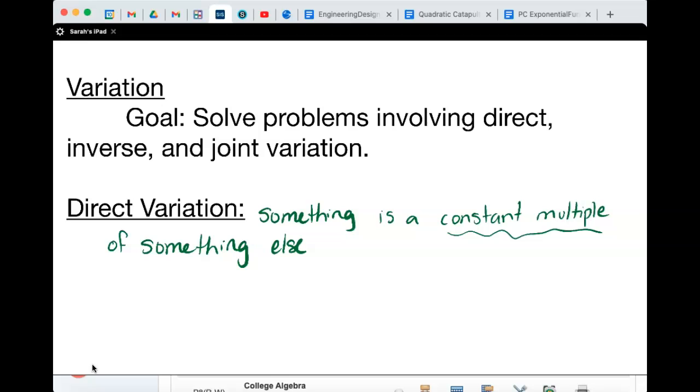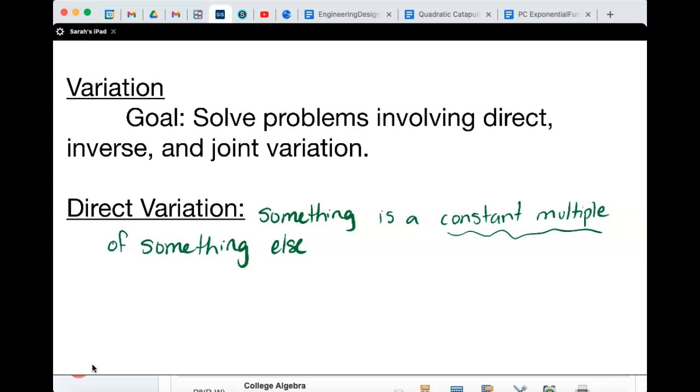Well, what is constant? Stays the same, so typically in constant we have just a number. And what does multiple mean? Yeah, so I see multiplying, like times. So we're basically multiplying some number to a changing variable to get something else.